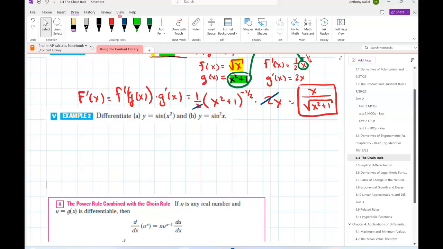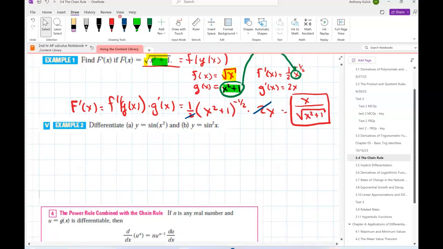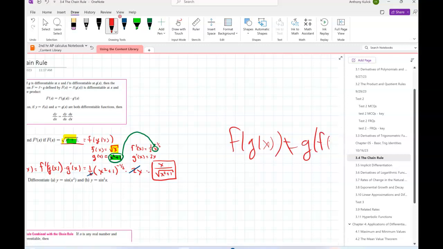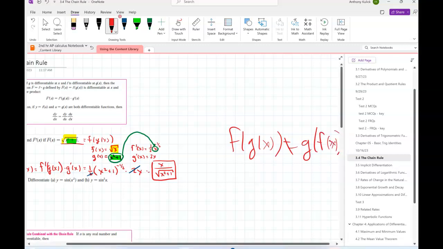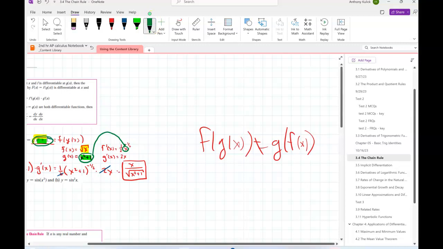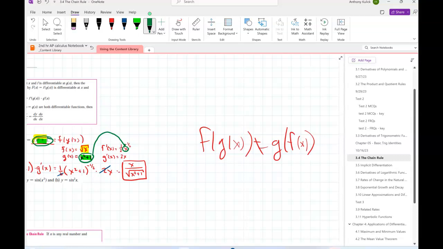Yes, the order matters because I know, for example, Elena, that f of g of x does not necessarily equal g of f of x, right? That was a property of function composition that we talked about in trig and pre-calc. How do you know what's your inside? In the case of this, the thing that's inside the square root is the inner part, right? That's the outside.